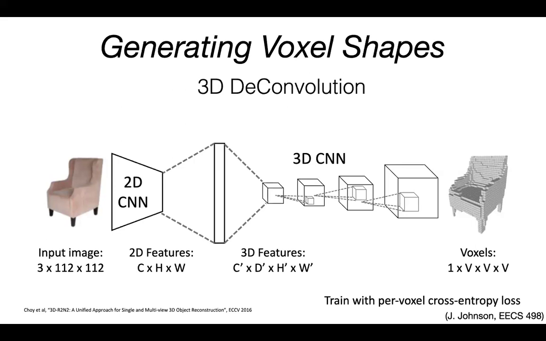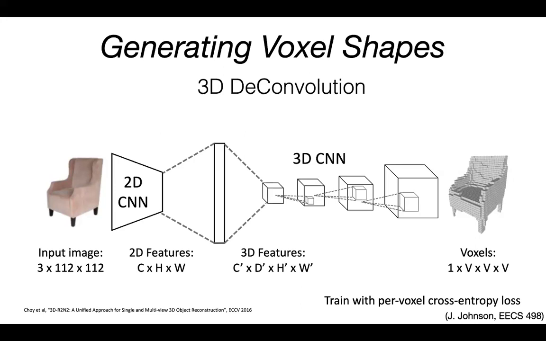So what we can do is have a sort of encoder and decoder that would be similar to a fully convolutional network in 2D, but this is a mix because in the first stage, we have a 2D CNN that's going to take the image and create 2D features.